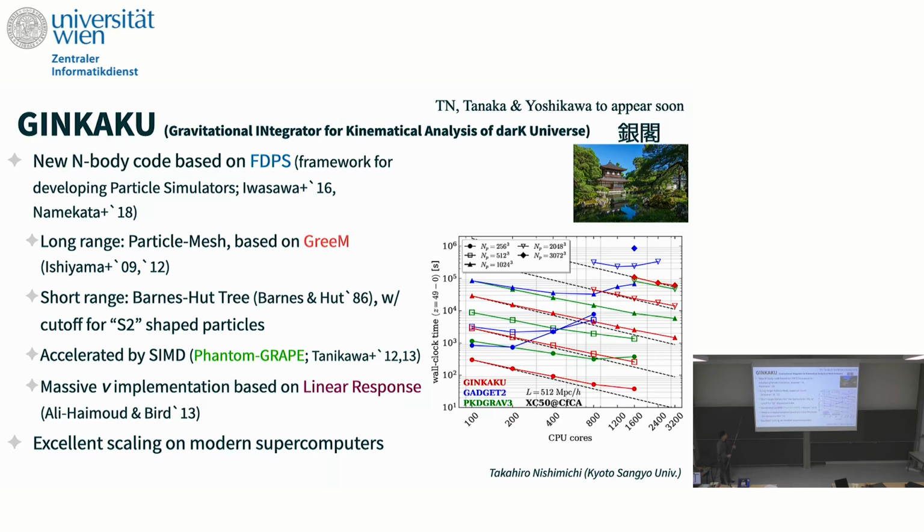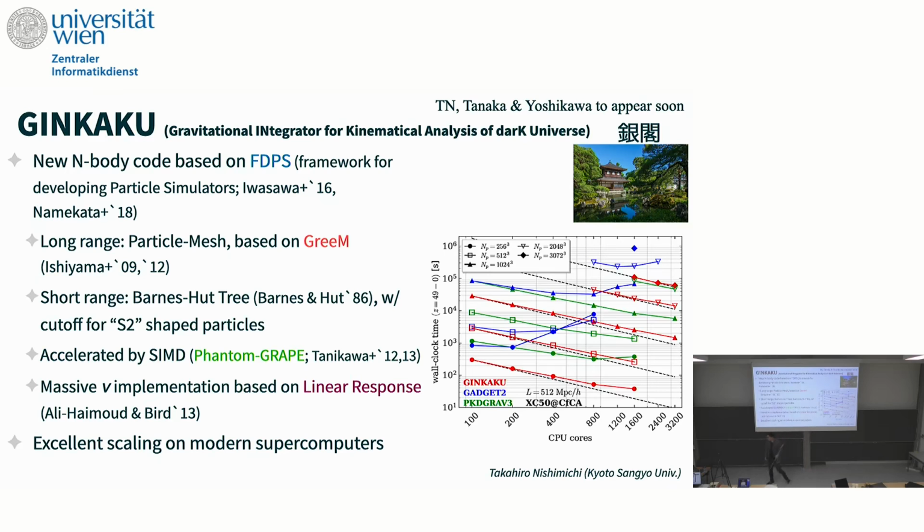On small scales, we use the framework FDPS, a very portable library which is used on any modern multi-CPU or multi-node machines. The communication between nodes, domain decomposition and so on are all automatically taken care of within this FDPS library, and it basically computes the tree force. So we combine Green's PM and FDPS to get very good scaling. This is the Ginkaku red line.